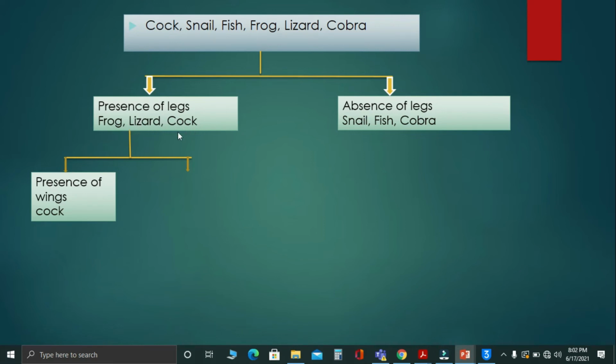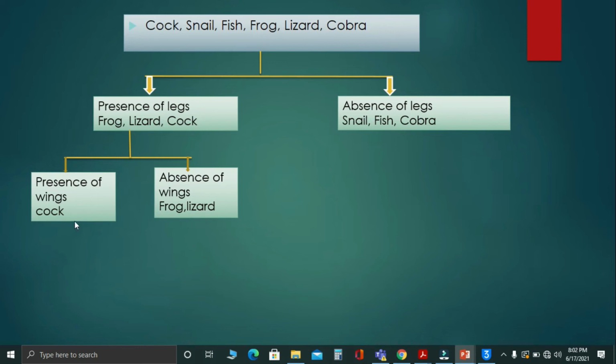Frog, lizard, cock. I use the feature of wings. So cock has wings. So presence of wings, this belongs to the cock. On the other side, absence of wings, frog and lizard come to that group.